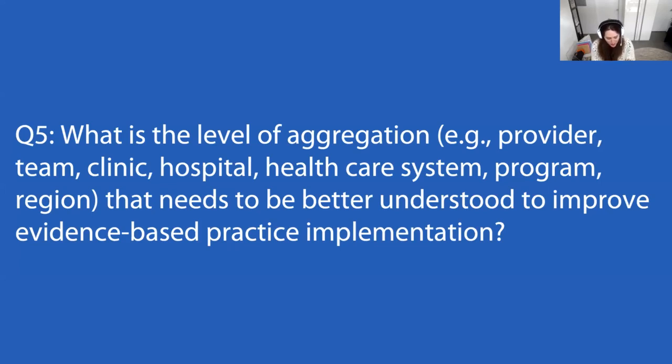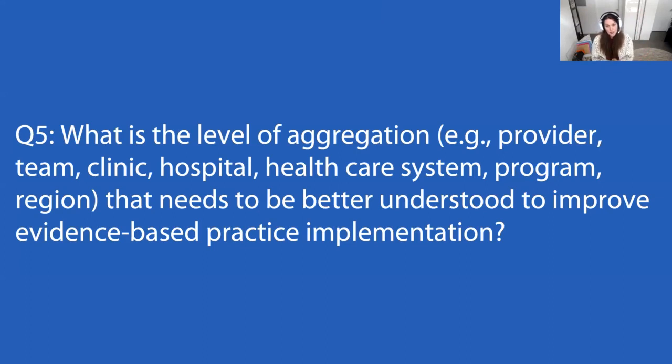So this is the fourth question to consider. What is the level of aggregation? This is a really fundamental idea in system dynamics modeling. Often, I think people in the implementation science world think in a social ecological model kind of way, or think about layers of an organization. That's what the example here implies: providers, teams, clinics, hospitals, and so forth.